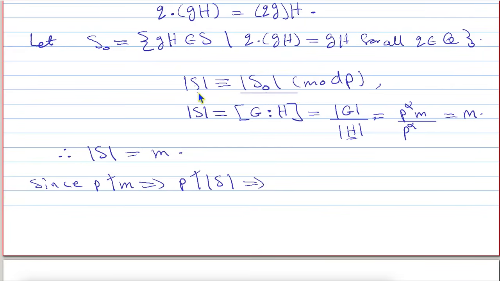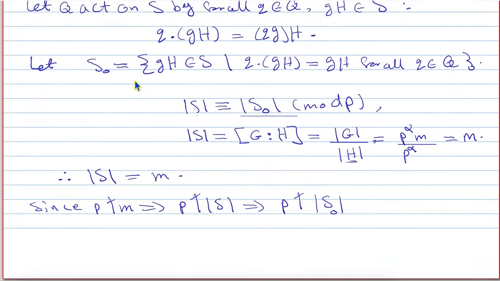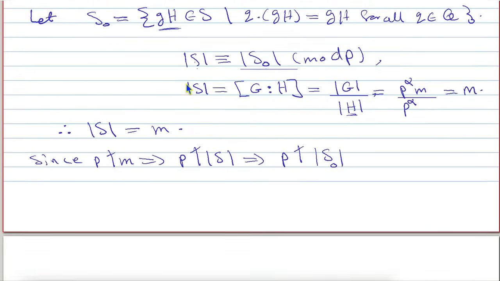Because the size of S is congruent to the size of S naught, so they are always divisible by the same numbers, okay? So this implies p does not divide the size of S naught. And therefore, the size of S naught cannot be 0, okay? So S naught contains some elements. So S naught here contains some left cosets of H.